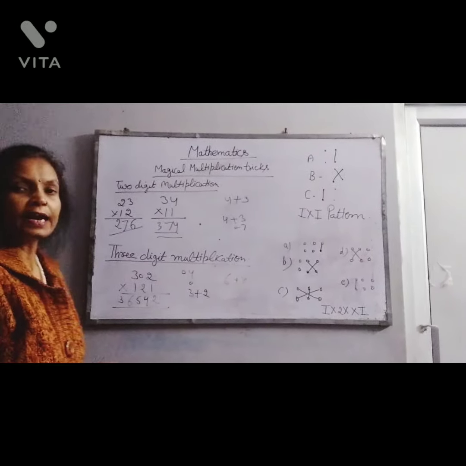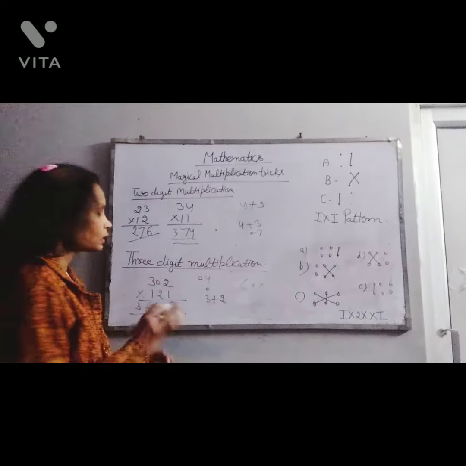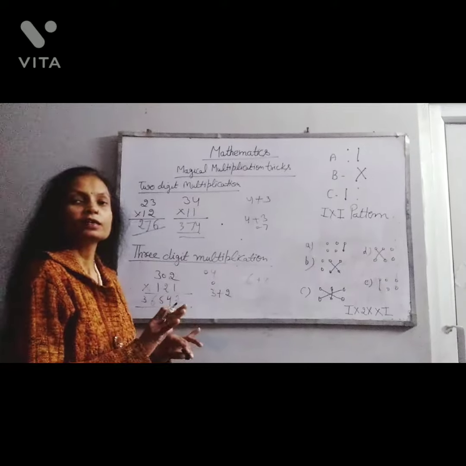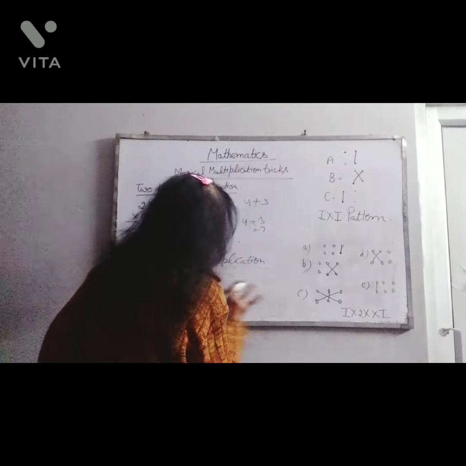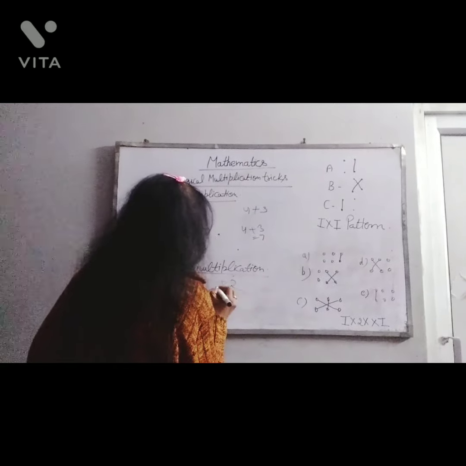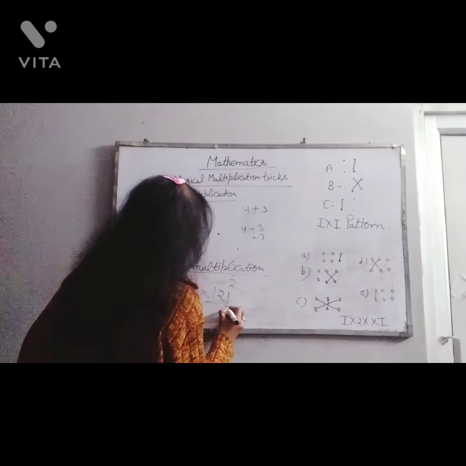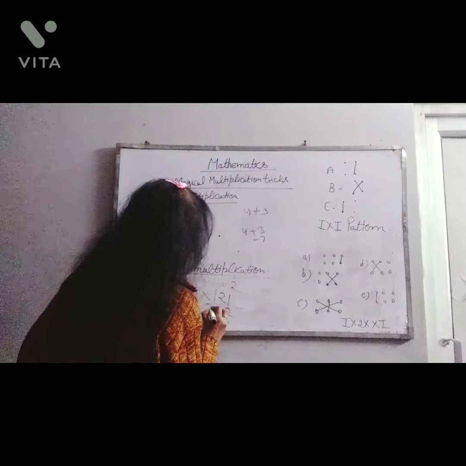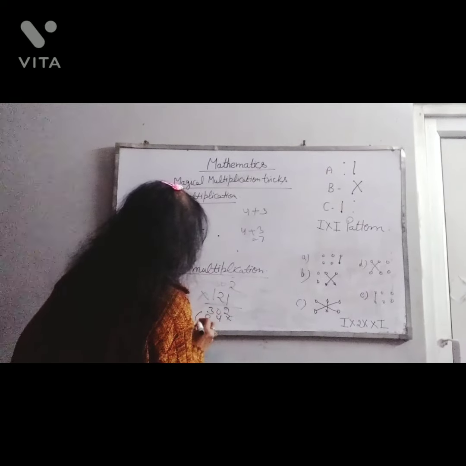So students, by following these patterns you can write your direct answer in this way. If you do this calculation in the usual manner, 3, 0, 2, 1, 2, 1, then the answer will be the same. 1 2 are 2, 1 0 is 0, 1 3 is 3, 2 2 are 4, 2 0 is 0, 2 3 are 6.